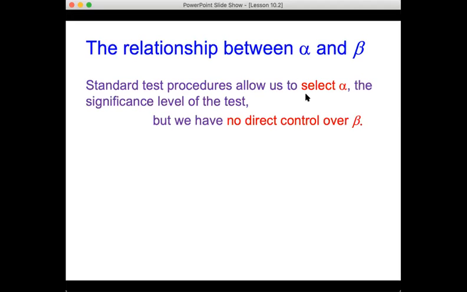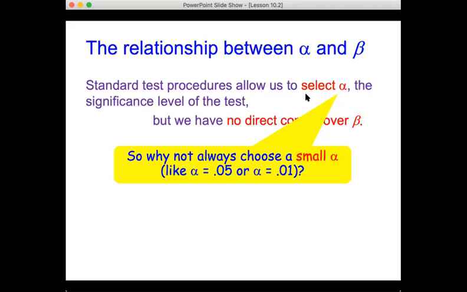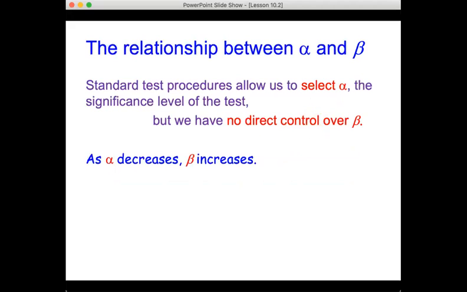So the question is, why don't we just always choose a small alpha? Why can't we always choose a small alpha and lower the probability of type 1? Here's the reason why. As alpha decreases, beta increases. They have an inverse relationship.